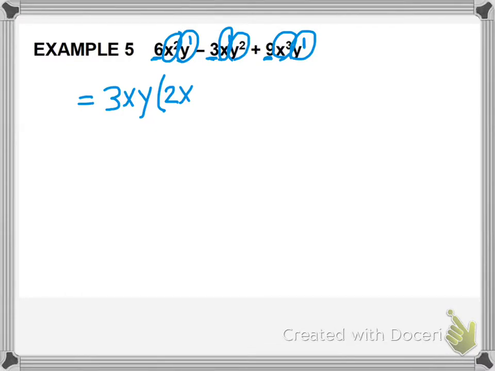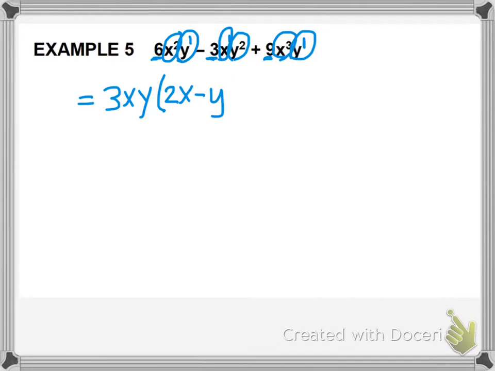Second term, 3 divided by 3 is 1, so I just have minus 1. I can or can't put the 1, it doesn't matter because it's a coefficient. I took the only x away, so there's no x's left, and I took one of the two y's, so there's one y that's left. So now I don't have to write the 1, I can just write minus y.